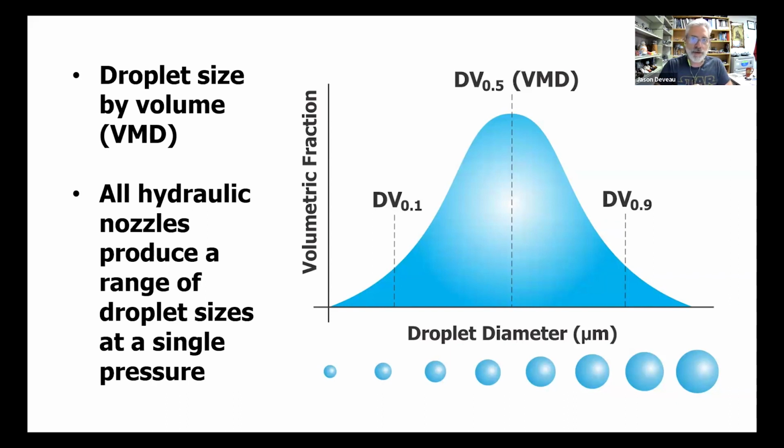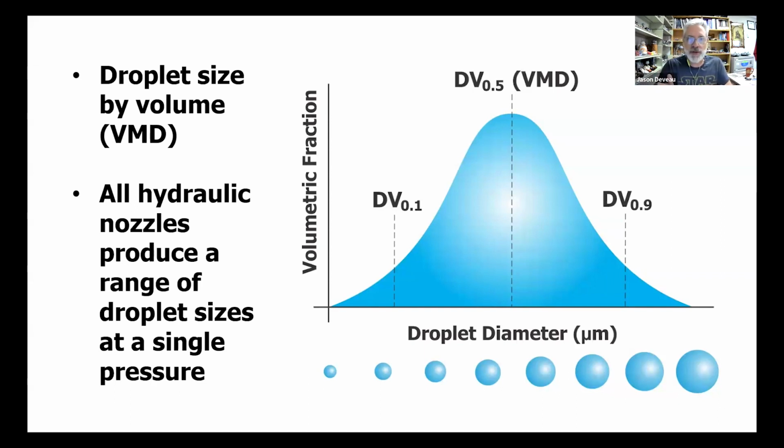All hydraulic nozzles, no matter how they're rated, medium, coarse, extremely coarse, whatever, produce a range of droplet sizes. This graph here is volume median diameter. All that means is how much of the liquid that my nozzle is producing is comprised of smaller droplets, moderately sized droplets, or very, very large droplets.